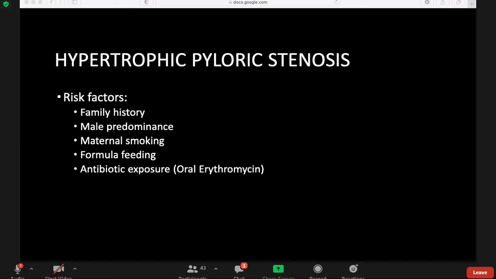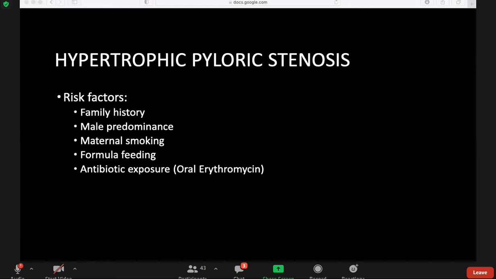Also, breast milk may protect against pyloric stenosis since it has high levels of vasoactive intestinal peptide, favoring pyloric relaxation. In addition, breast milk also has low osmolality, providing better gastric emptying time.